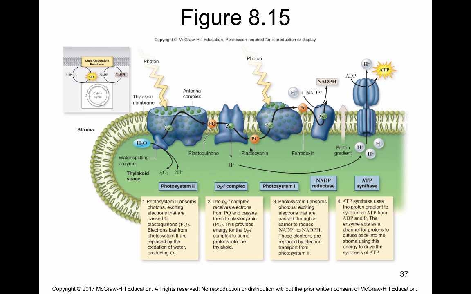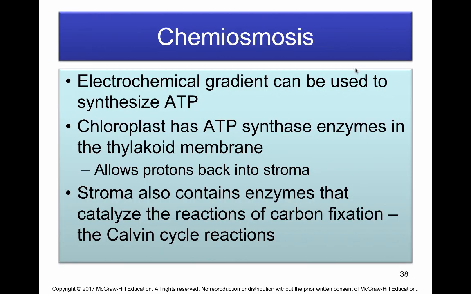These hydrogens that build up in here create that electrochemical gradient that we saw in cell respiration. They will go back out of the thylakoid to the stroma through the ATP synthase, creating ATP. So chemiosmosis works just like it did in cell respiration, and by chemiosmosis we mean that the electrochemical gradient has been built up, and those protons will move through the ATP synthase to create ATP.